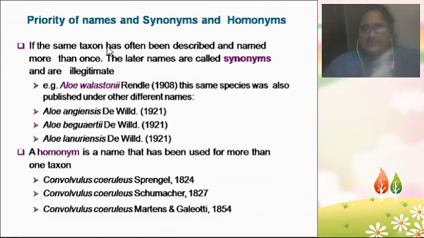Suppose, for example, class is one taxon, right? If that class is described and named more than once, meaning the same class with the same type of characters, described by Linnaeus as one class, like dicotyledons, consisting of a particular set of characters.